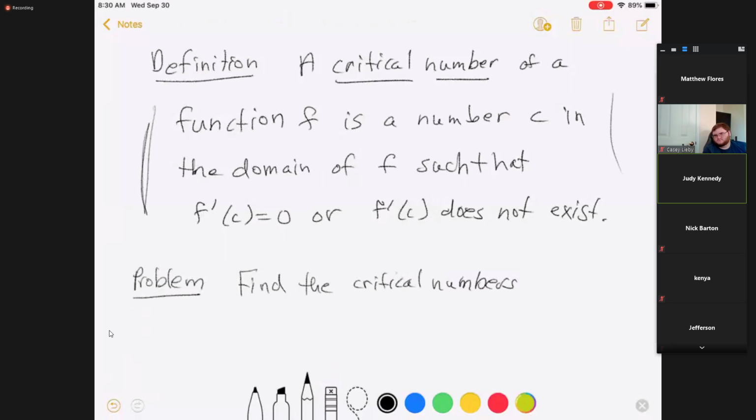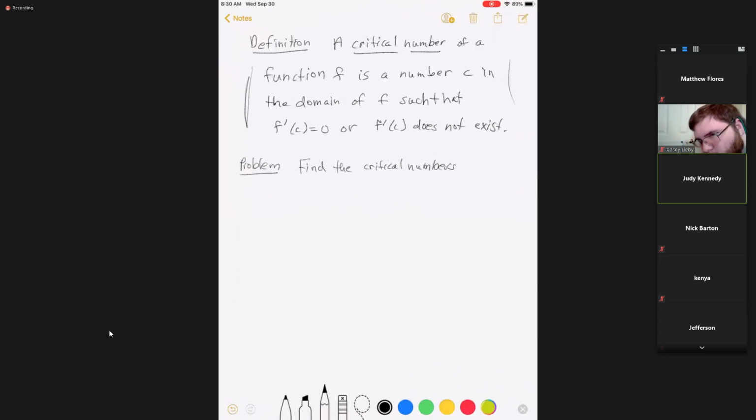Let me find a nice example. How about just a cubic polynomial?